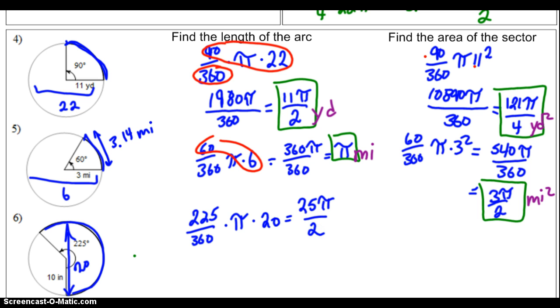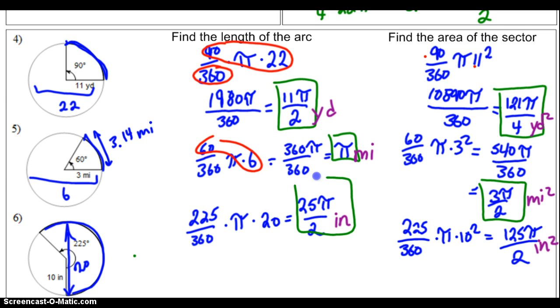For the area, well, remember we'll have 225 out of the 360 degrees times pi times the radius squared. And if you simplify that down, you should end up with 125 pi over 2. And again, this is in inches, and this is in inches squared.